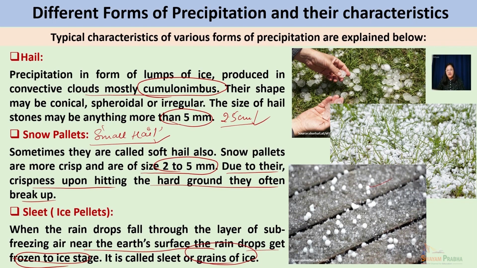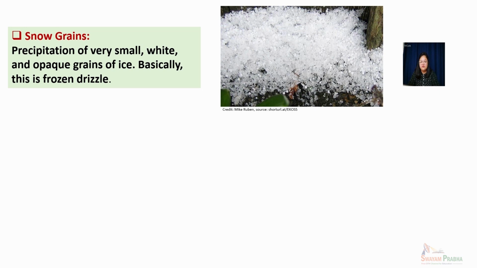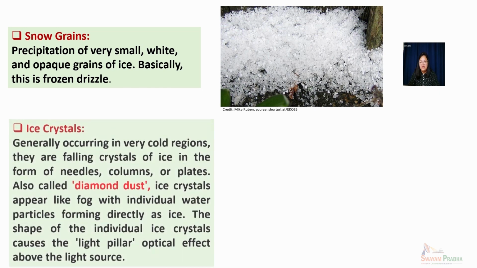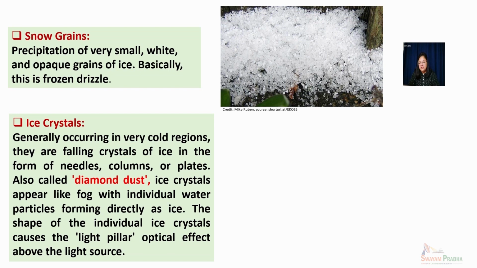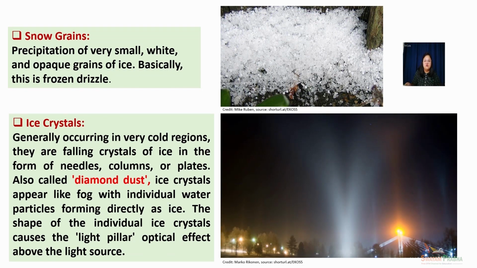Besides sleet, we have snow grains. Snow grains are very small, white, opaque grains of ice, mostly formed because of frozen drizzle. Then we have ice crystals. These ice crystals are generally present in very cold regions because they are falling crystals of ice in the form of needles, columns, or even plates.